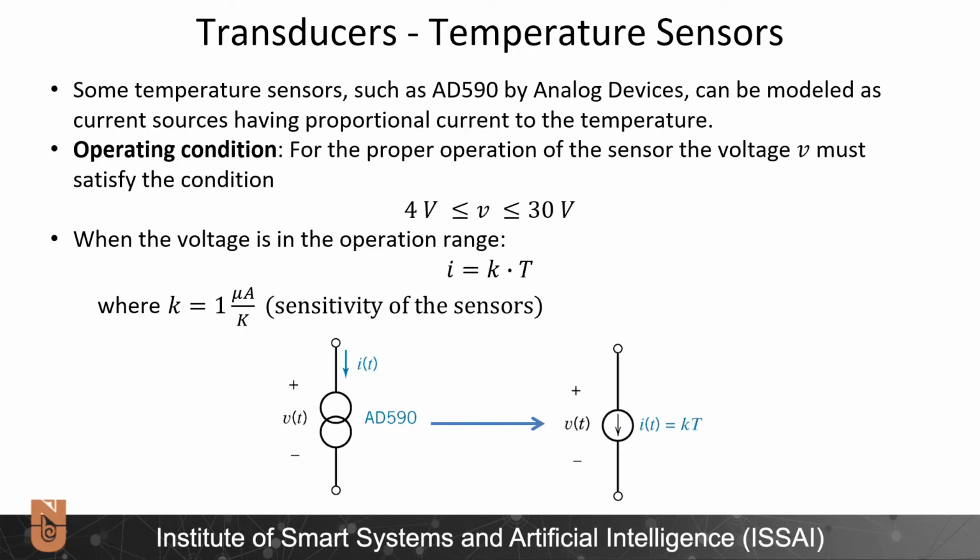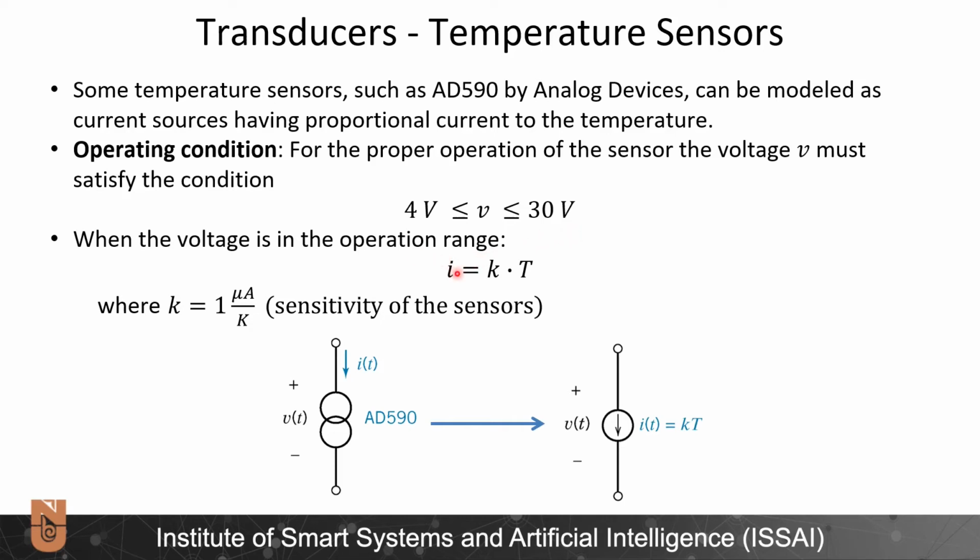Another example of a transducer is a temperature sensor. For instance, a temperature sensor AD590 from the company Analog Devices can be modeled as a current source having current proportional to the temperature. This device works in the operating condition when the voltage is between 4 and 30 volts.